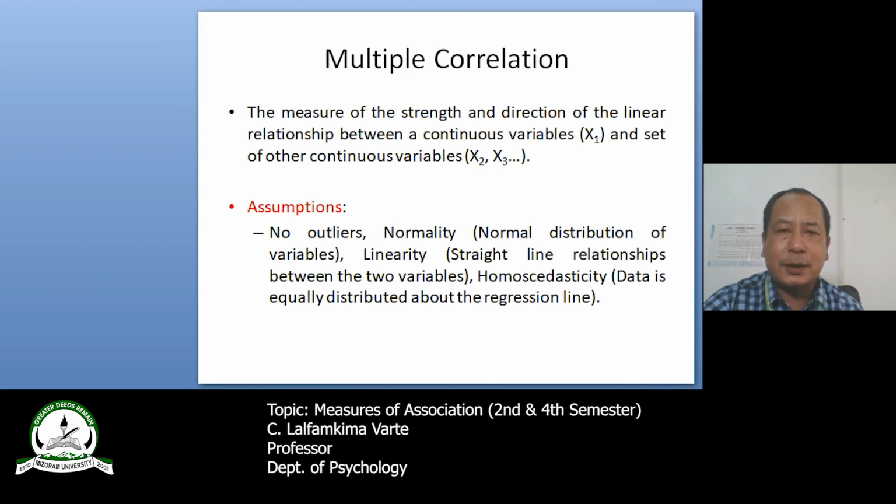If we look at the part or semi-partial correlation, the partial correlation, and multiple correlation, we can see that all the assumptions underlying these methods are similar to those of the product moment coefficient of correlation, which are to be fulfilled individually for each of the variables and between the variables.